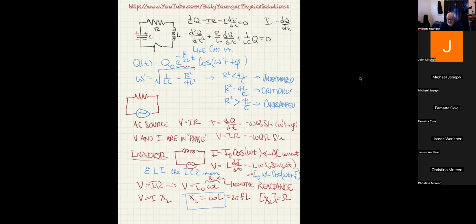And what we see is clearly the voltage is leading the current because it's got that plus pi over 2. When you do the exact same thing for the capacitor, you see, of course, C equals Q over V, so V is equal to Q over C, and Q is equal to the integral of I dt.